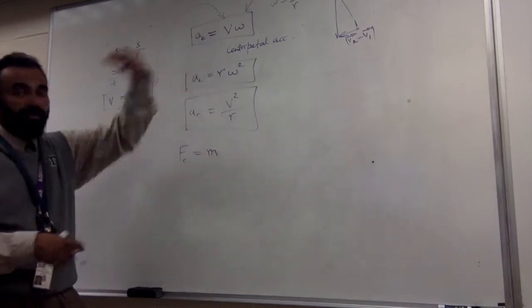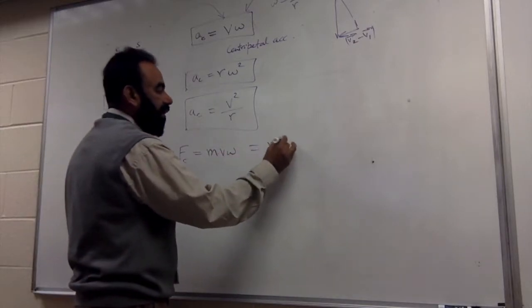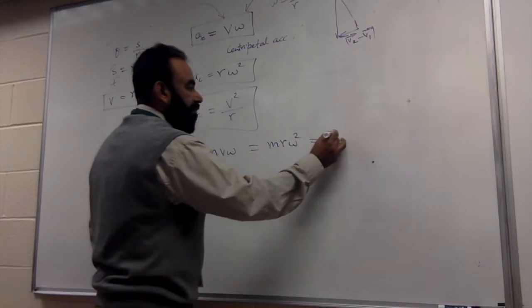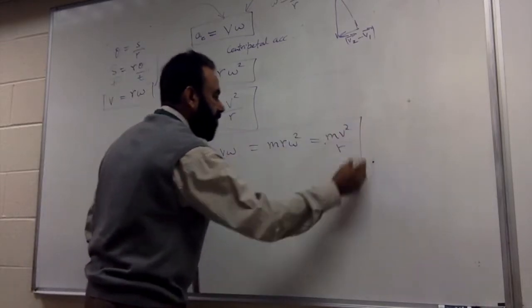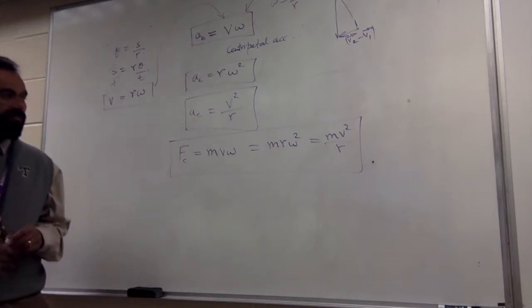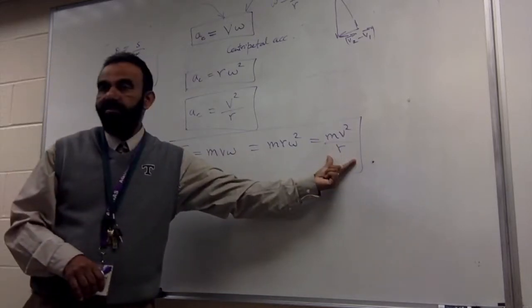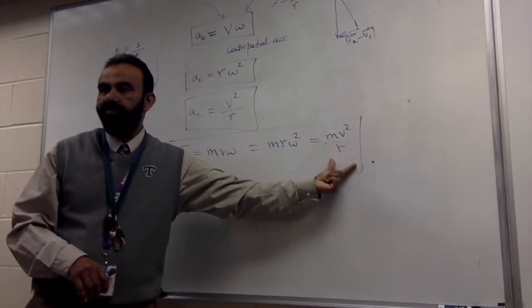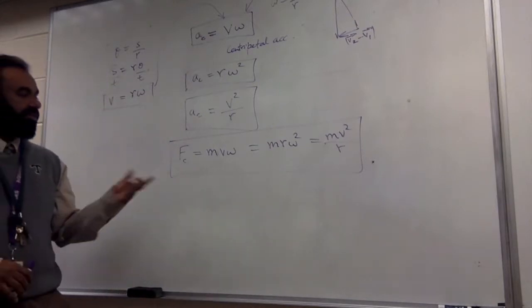Mass times acceleration, m v omega, or m r omega squared, or m v squared over r. Any of these equations will work. So centripetal force can take any of these forms. As I said again, this is the most commonly used one. m v squared over r is a very commonly used expression for centripetal force.